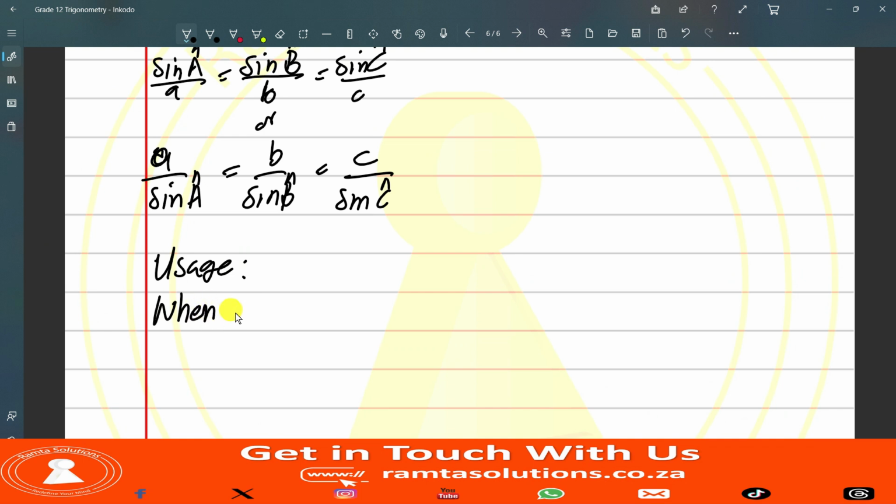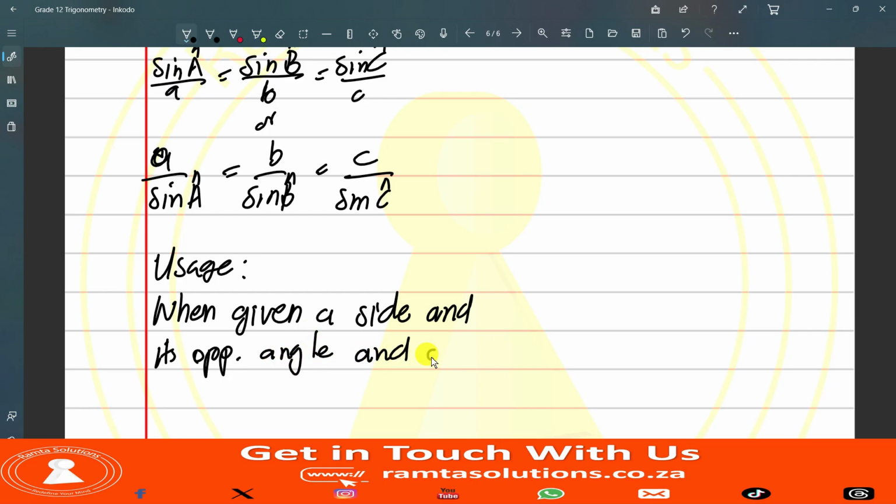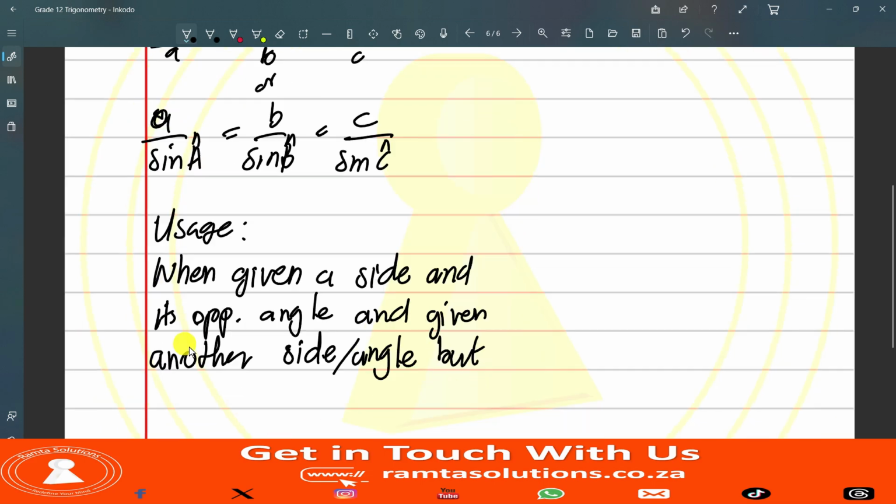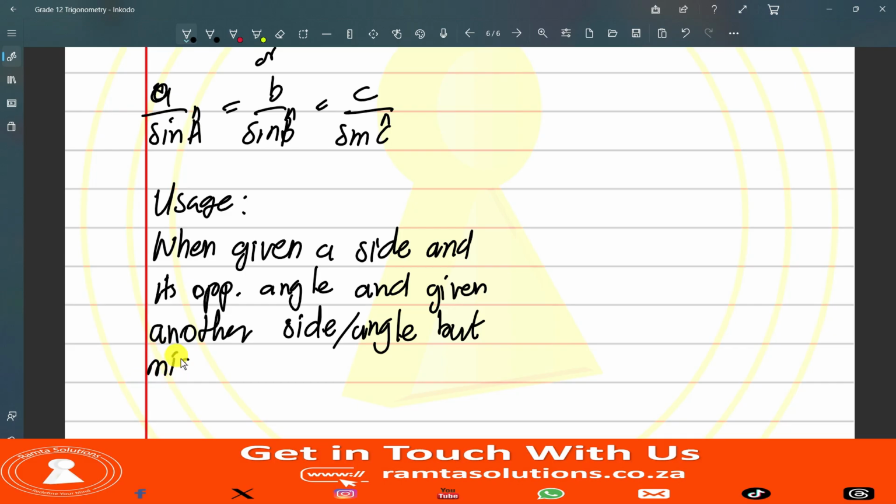When given a side and its opposite angle, and given another side or angle, but missing the opposite.